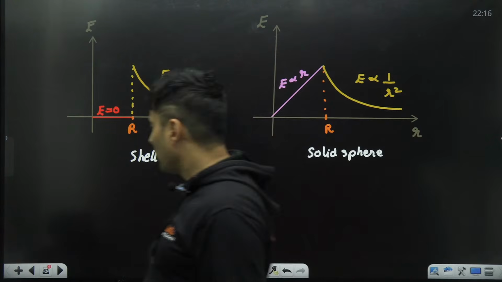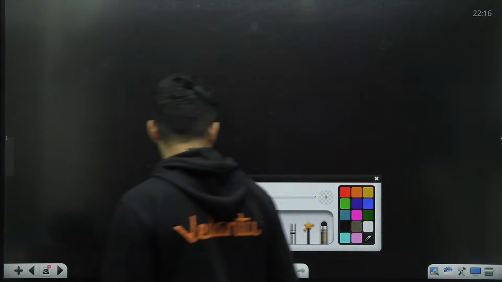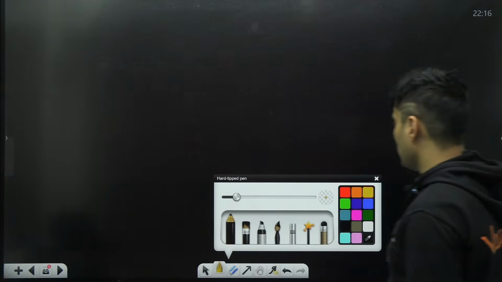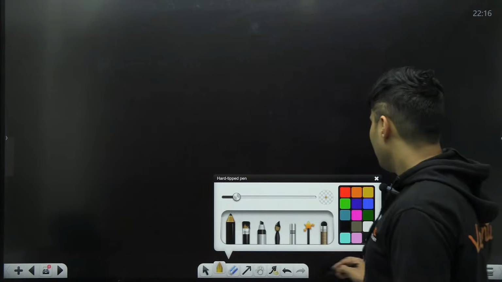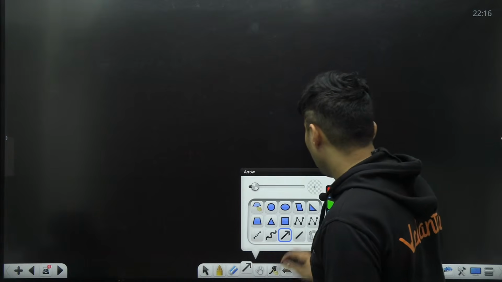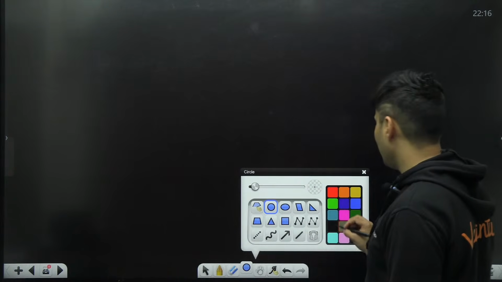But there is one more critical application which I would like to talk about. This is more of a JEE Advanced concept. Let me remind you that we had spoken about something like solid angles in units and dimensions.